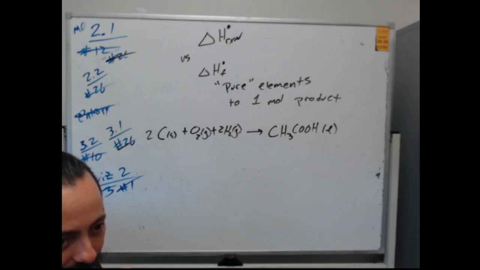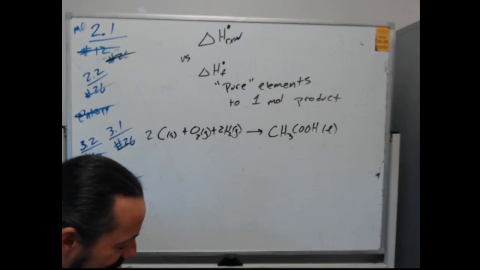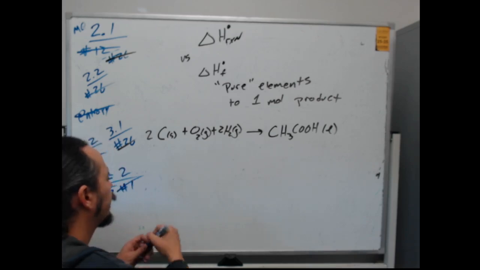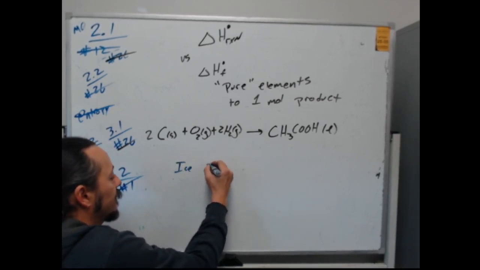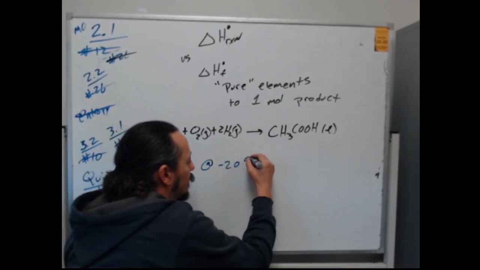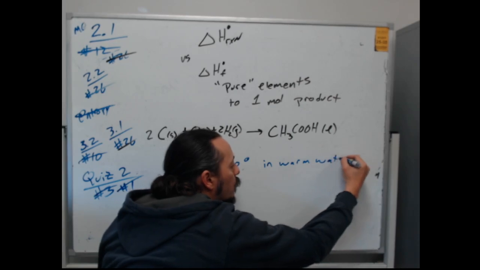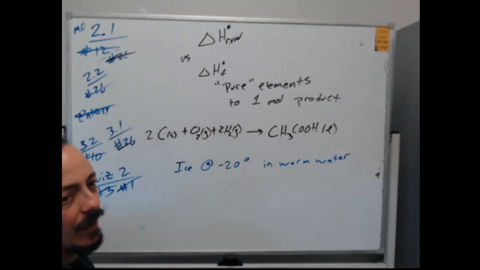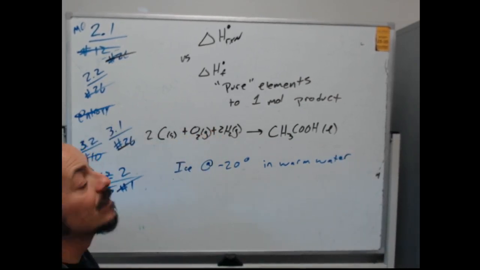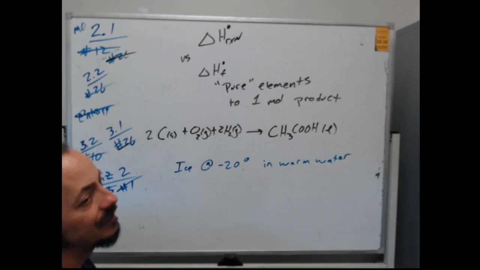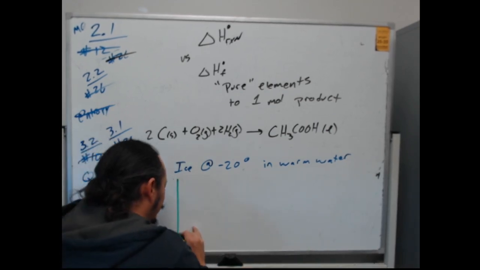What was your question? Okay, this is going back to ice again. Let's say you have ice that's at, I don't know, negative 20 degrees, and you put it in warm water. Would you need to take the Q of the ice, the MC delta T from the ice getting from negative 20 to 0?